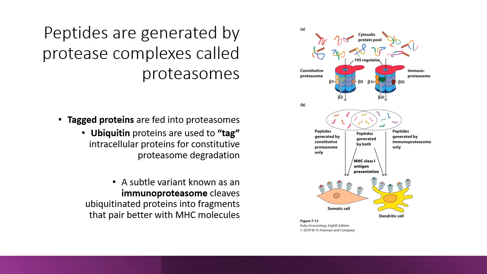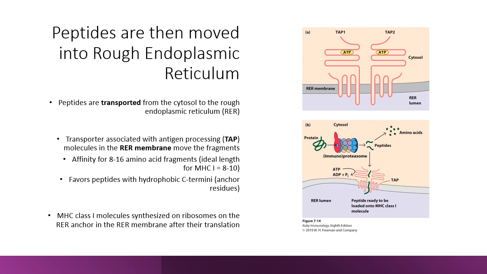Once your proteasome blender has done its job and you've generated a bunch of fragments, you have to get those fragments into the rough endoplasmic reticulum so that they can match up with and bind and be mounted in your MHC binding groove. So there's a transporter protein specifically for that, and it's the TAP1, TAP2 protein complex.